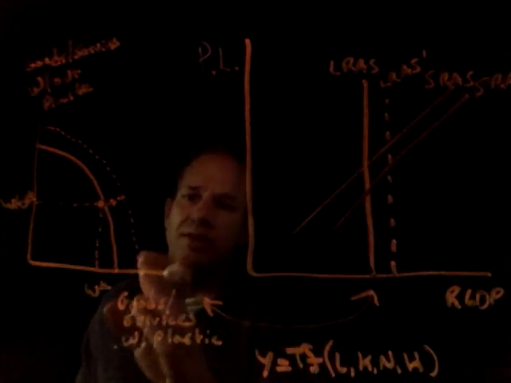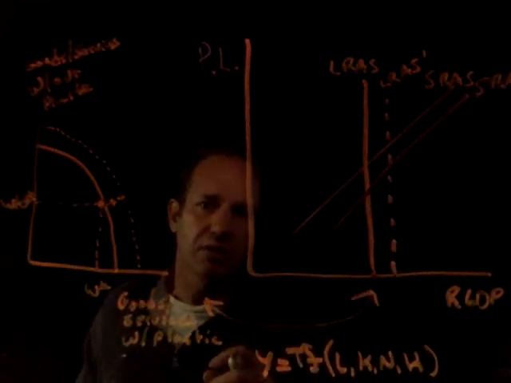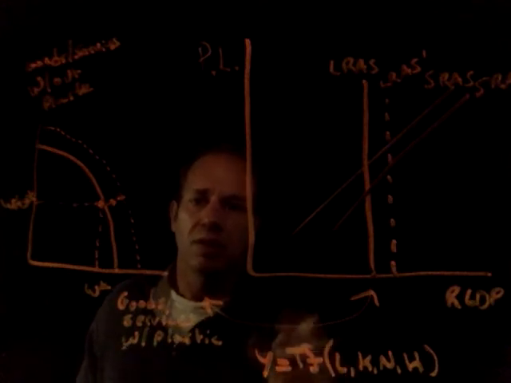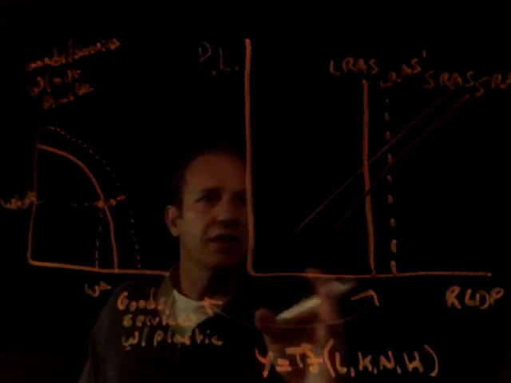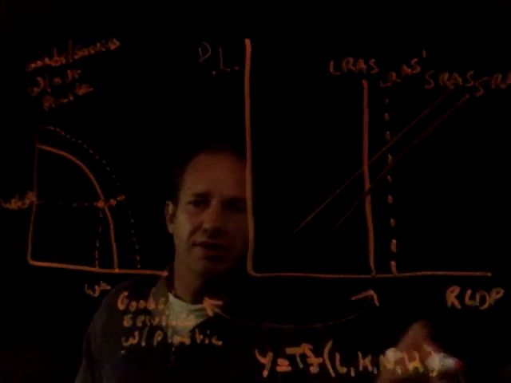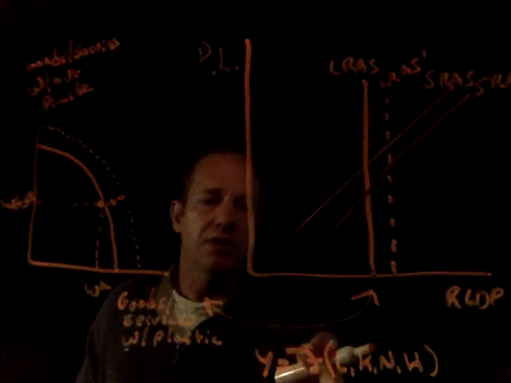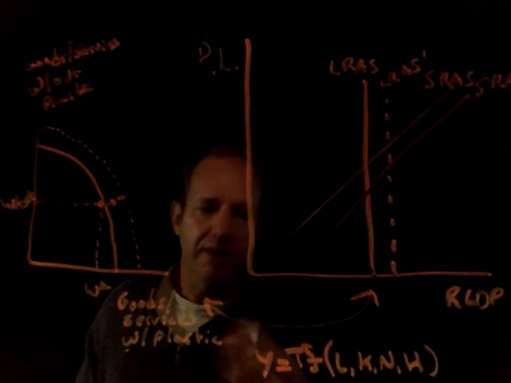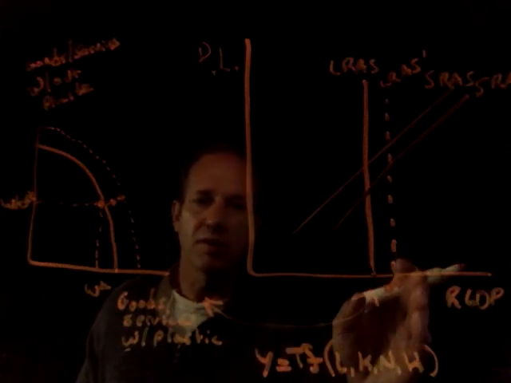What I'm saying is this growth corresponds to this growth over here. It means the same thing. We can do more. We have more production possibilities. Our economy's productive capacity has grown over here, and it's a function of these things down here. So these are our determinants of aggregate supply. More of these things mean more of that thing.